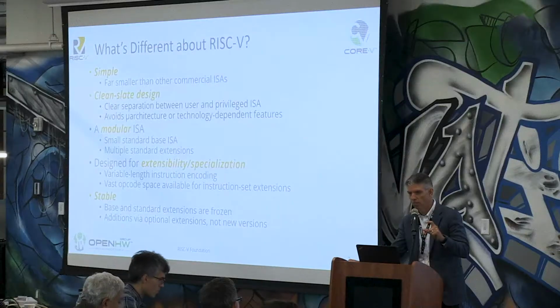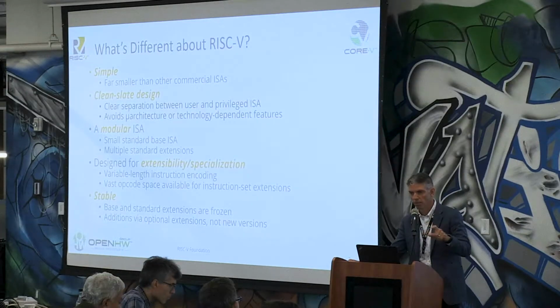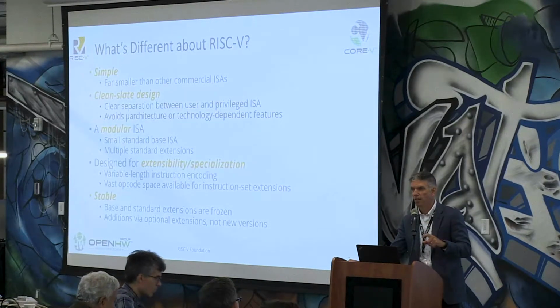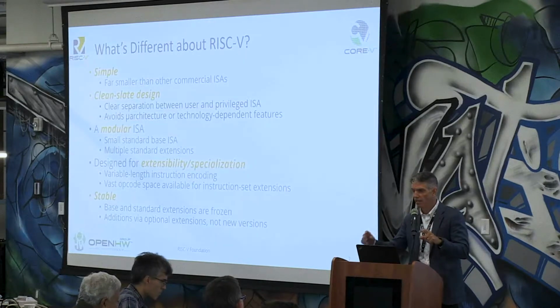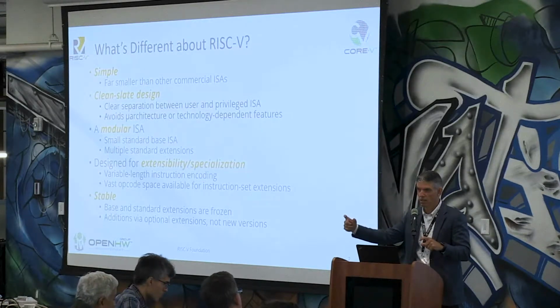And we also take advantage of the fact that with the extensions, we don't have to rev anything. So it's a very stable design. So as an extension is released through the industry body, the RISC-V Foundation, that extension will never be changed, even if there's something wrong with it. It'll get corrected in a future extension that gets added.